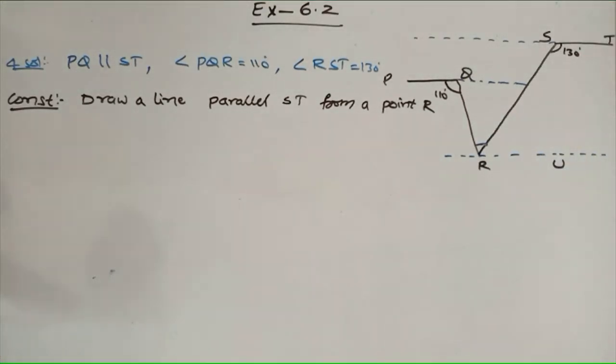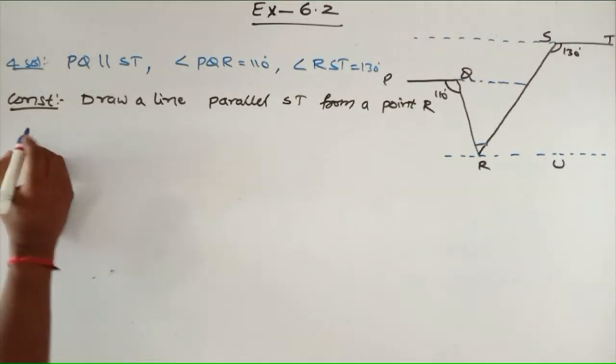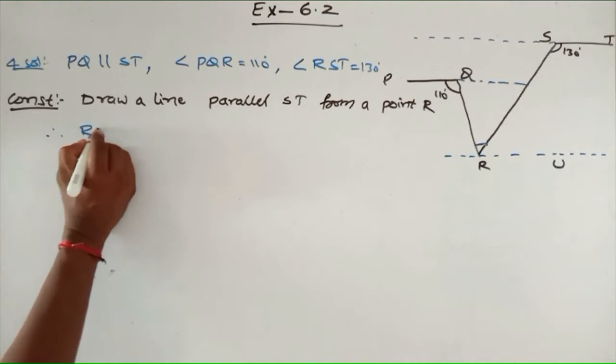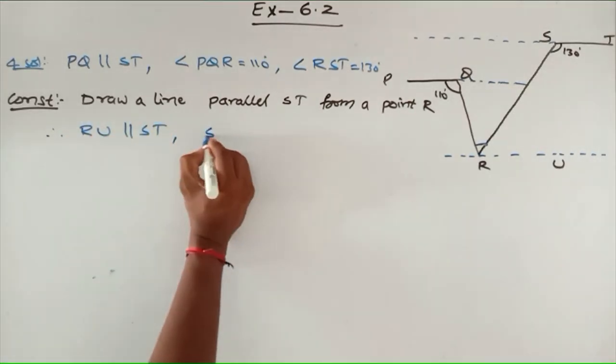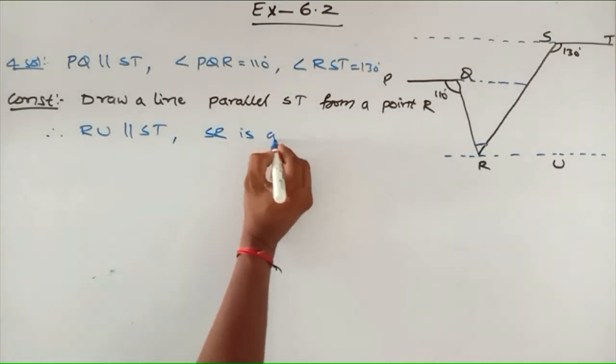So if I am drawing a parallel line, therefore RU is parallel to ST, and SR is a transversal.